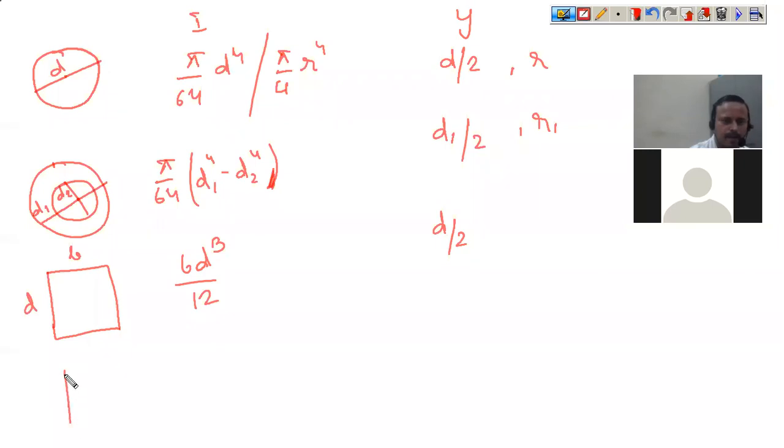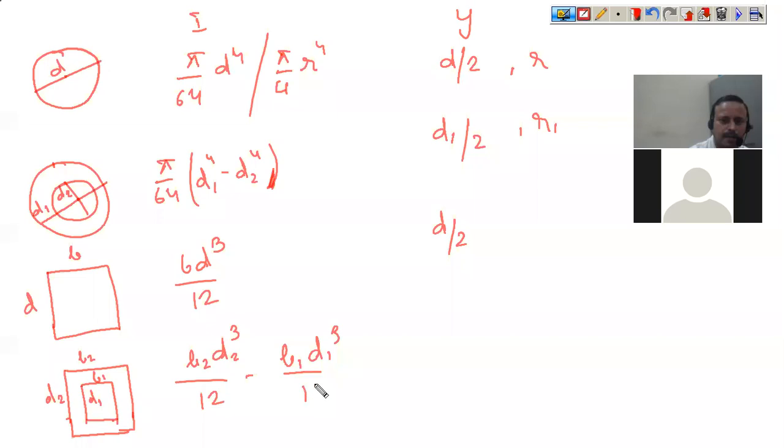If you have a hollow section, if suppose this is B1 D1 and this is B2 D2, then you have B2 D2 cube by 12 minus B1 D1 cube by 12, and the distance of the extreme fiber from the neutral axis is D2 by 2.